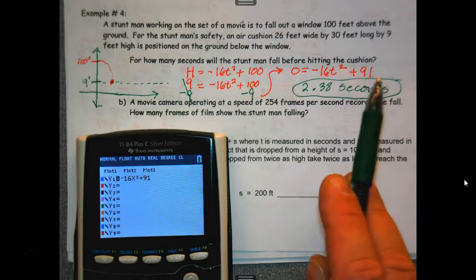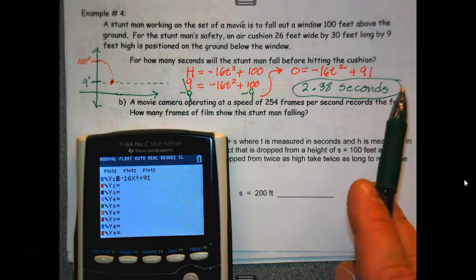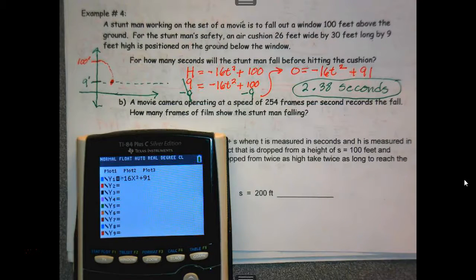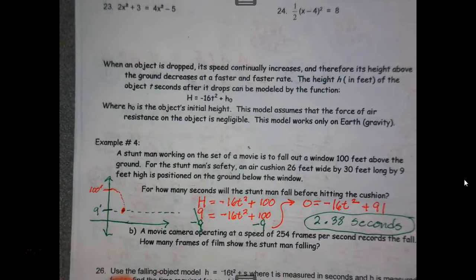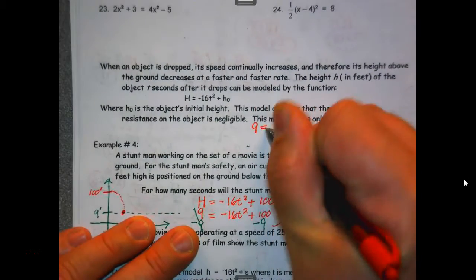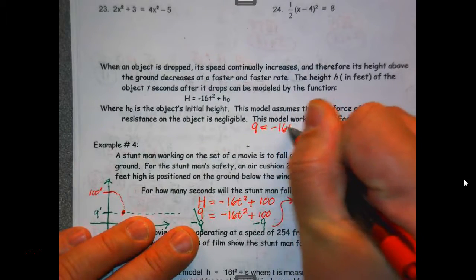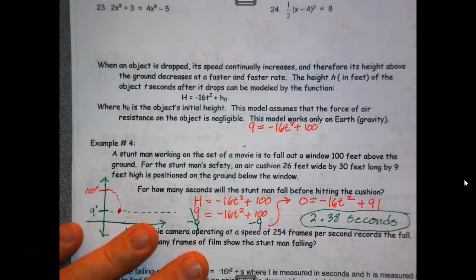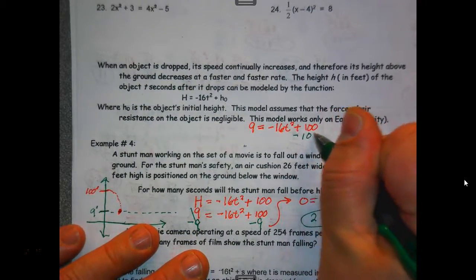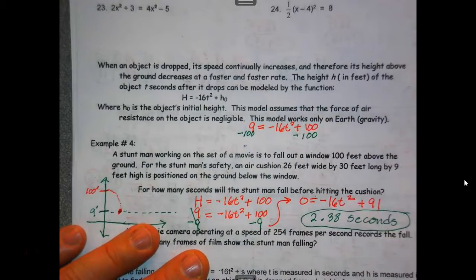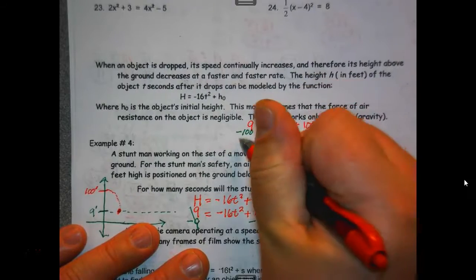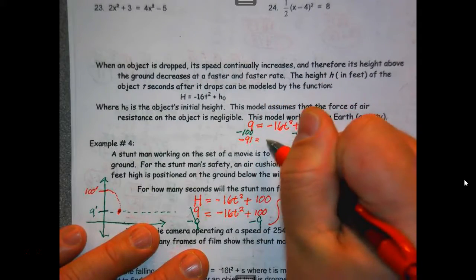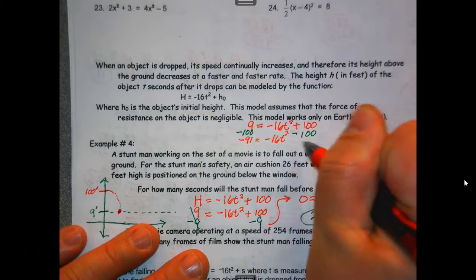Well, I'm assuming that this is a review. Do you want me to use perfect squares? I'll still get 2.38. All right, let's do it with perfect squares. Okay, so I have 9 equals negative 16t squared plus 100. So I'm going to subtract 100 from both sides. So I get negative 91 equals negative 16t squared.